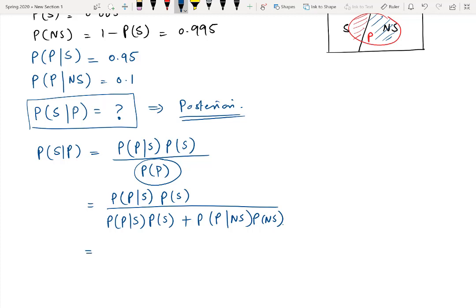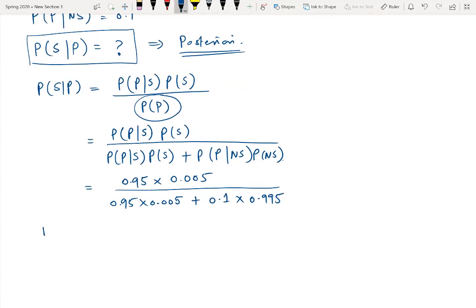The probability of P given S is 0.95 multiplied by the probability of S, which was 0.005, divided by the same thing, 0.95 multiplied by 0.005 plus 0.1 multiplied by 0.995.